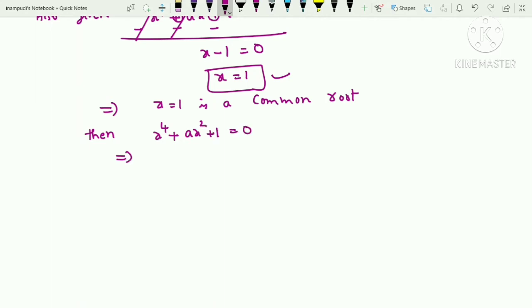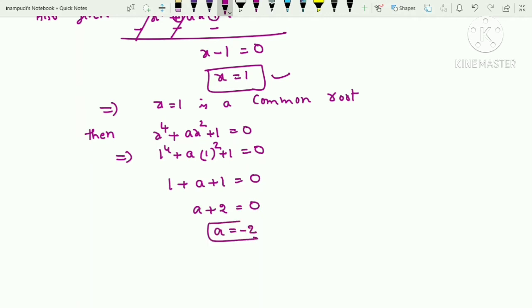It becomes 1 power 4 plus a into 1 square plus 1 equal to 0. 1 plus a plus 1 equal to 0. a plus 2 equal to 0. a is equal to minus 2.